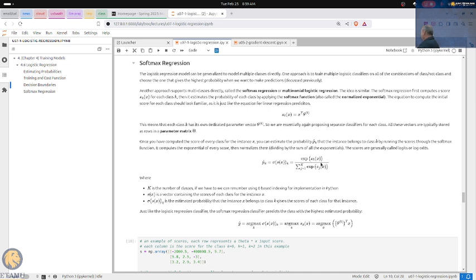So we would end up with 3 predictions using this softmax approach: our probability that it's Setosa versus Virginica versus the third iris type in the data set. This expression uses the same cost function that we had before, but it normalizes it so that the sum of those 3 probabilities sums up to 1.